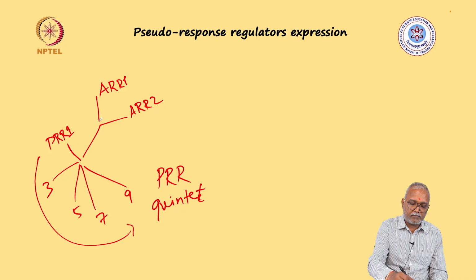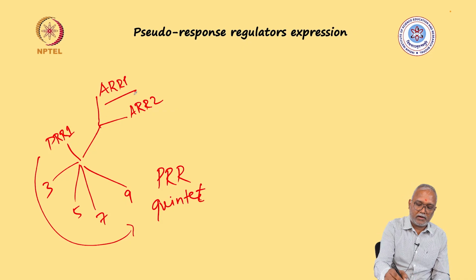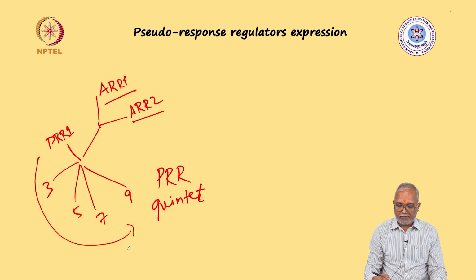So what you notice is that they have diverged at some point of time, and although they are related to the ARR, authentic response regulator, they form a different group.